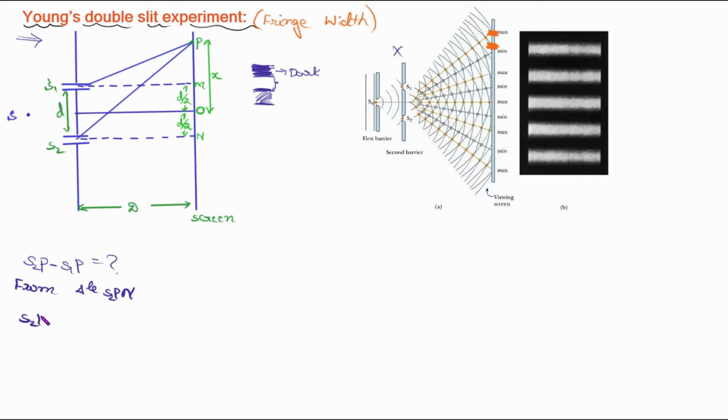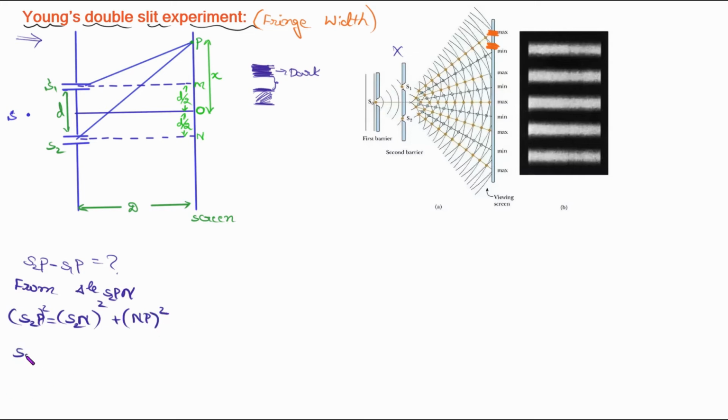S2P square is equal to, Pythagoras theorem I am using. The hypotenuse square is equal to the sum of the adjacent and opposite side squares. Alright, so here S2N whole square plus NP whole square.